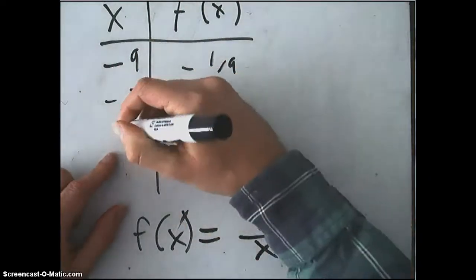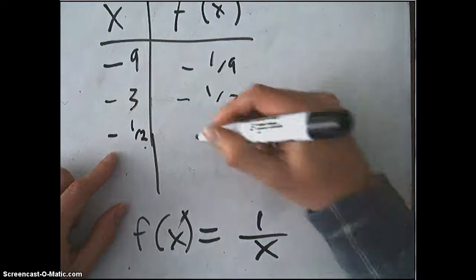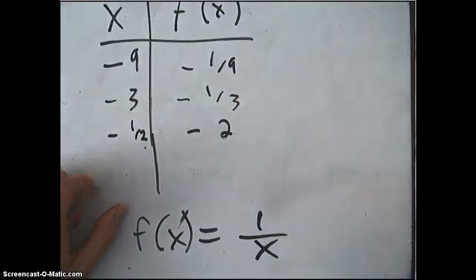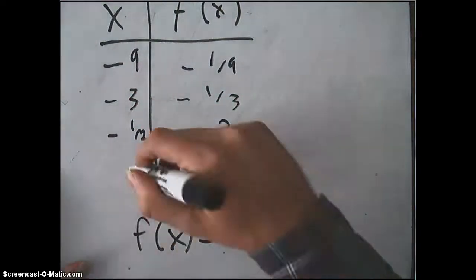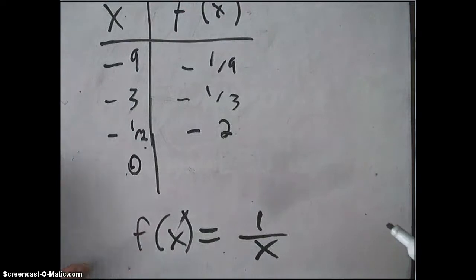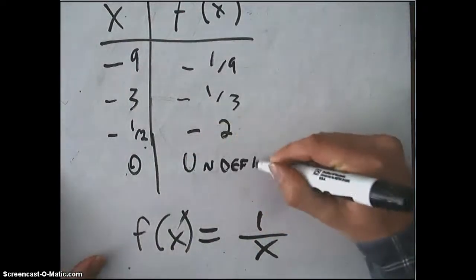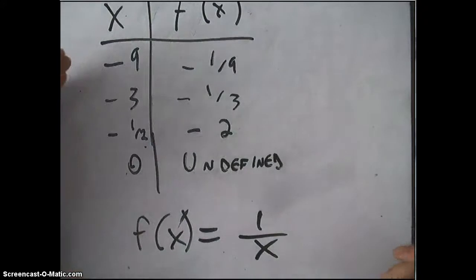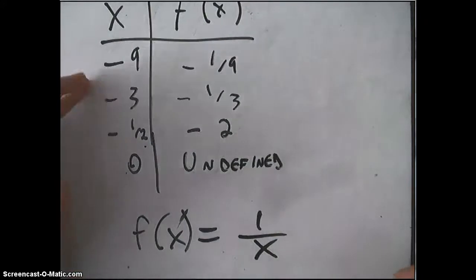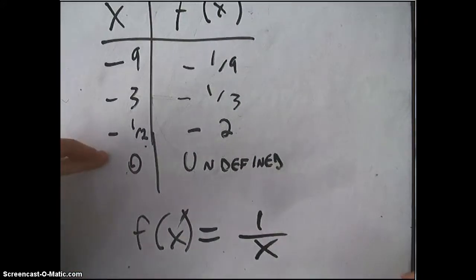If you've got -1 over 2, well, that becomes -2. And if you have 0, well, 1 divided by 0 is undefined. So this thing approaches 0, but never quite touches it.